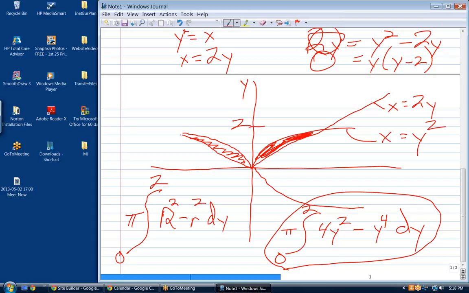Okay, let's look at cylindrical shells. What I like to use to illustrate cylindrical shells is a dollar bill wrapped around. I was going to show you on the camera, but I just realized my camera's off.